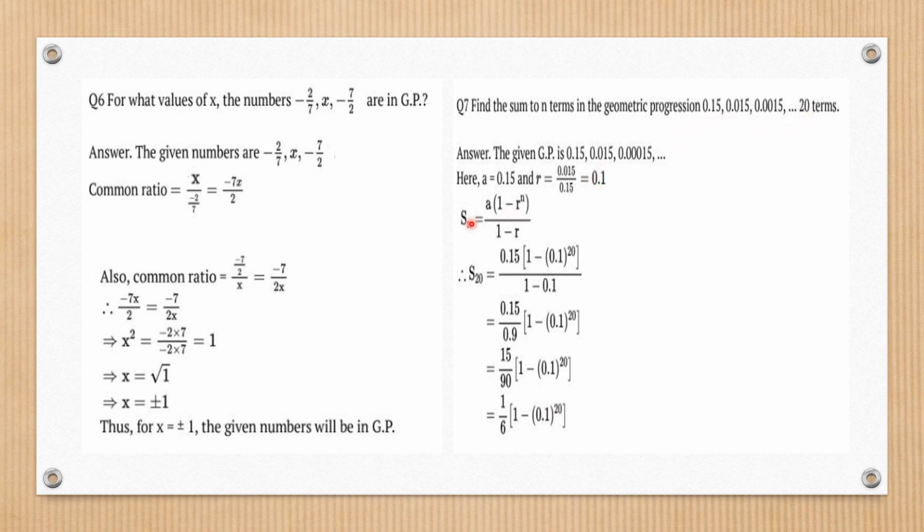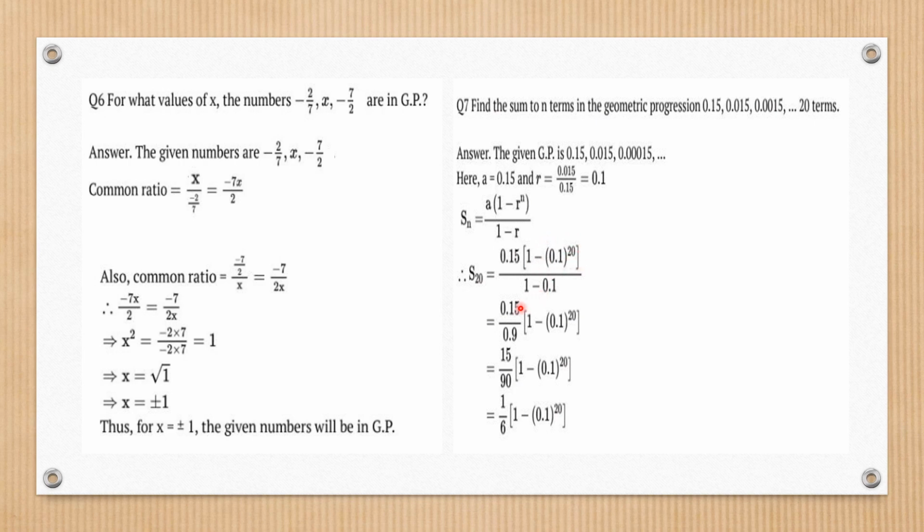So I'll use the formula as discussed, a into (1 minus r to power n) upon 1 minus r. So let us place the values for S20. It will be 0.15 here, (1 minus 0.1 raised to power 20), and 1 minus 0.1 in the denominator. So it becomes 0.15 divided by 0.9, and this is 1 minus the same thing.